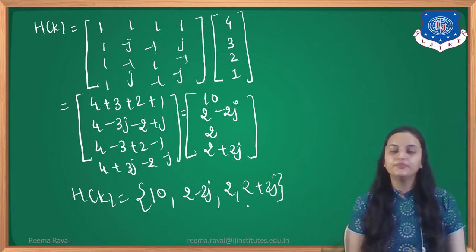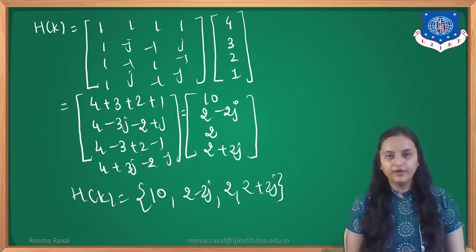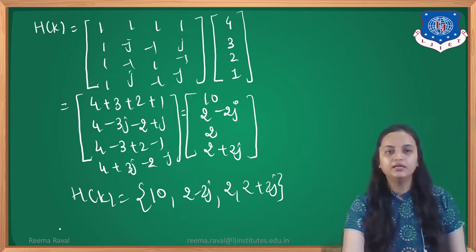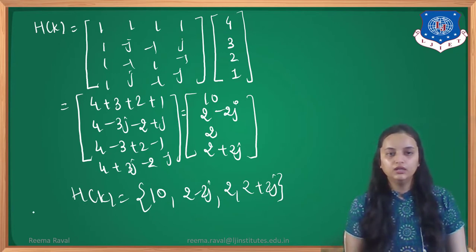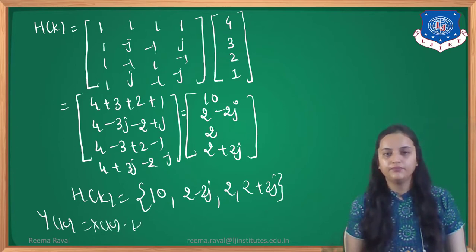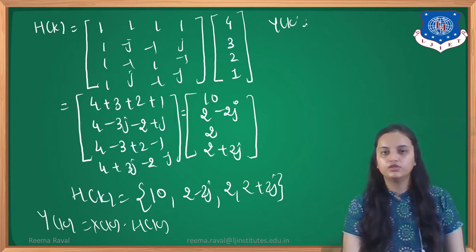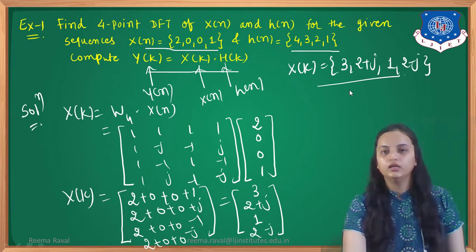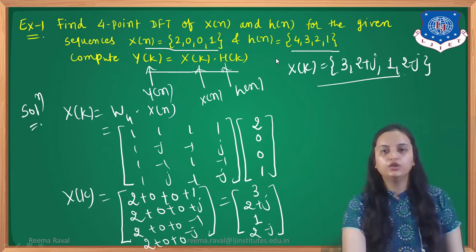Okay. Now as we have obtained the two values, we will multiply them to get the final output. That means to get y of k, which is x of k into h of k, we have two values. The x of k value that we obtained previously is 3, 2 plus j, 1, 2 minus j.